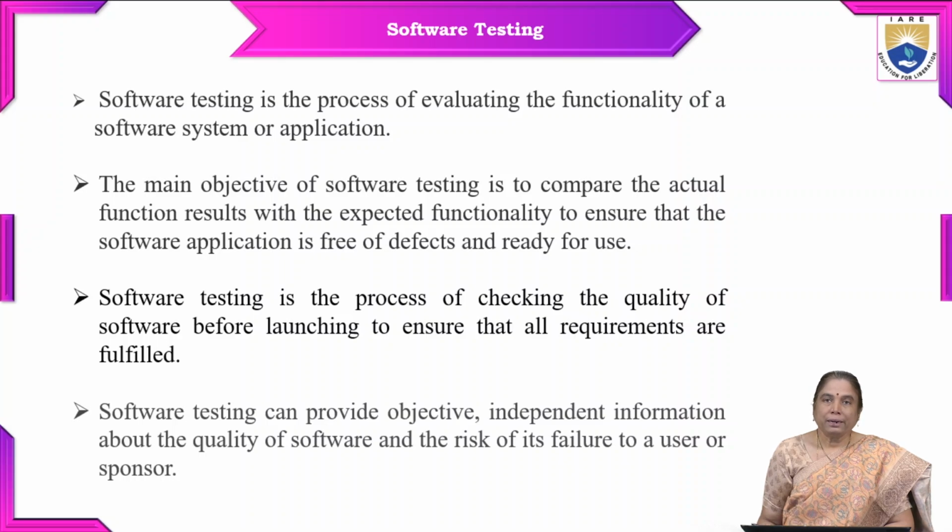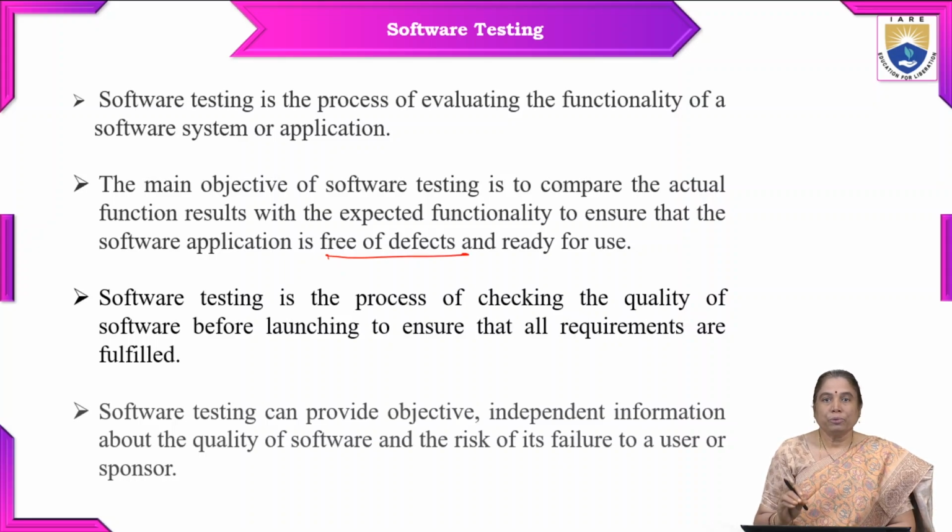So, the functionality must be defined in the SRS, and here the software test engineer can execute the application and check whether the application is behaving according to the specified functionality in the SRS. The main objective of software testing is to compare the actual results with the expected functionality to ensure that the software application is free of defects and ready to use.